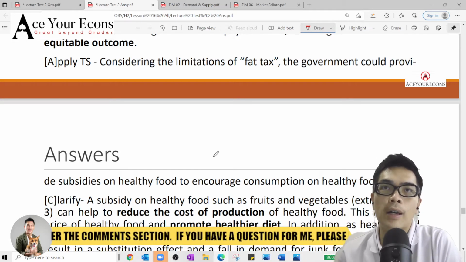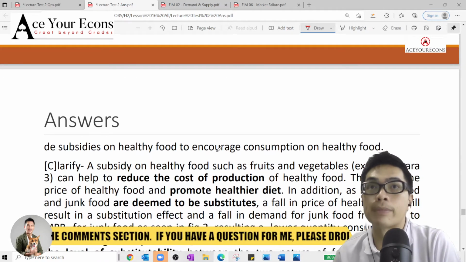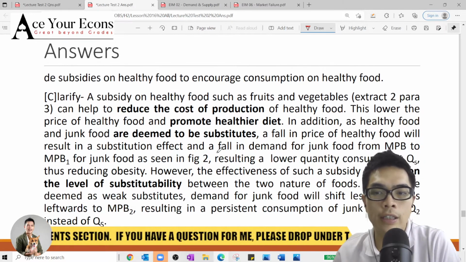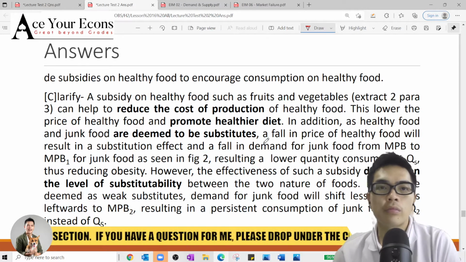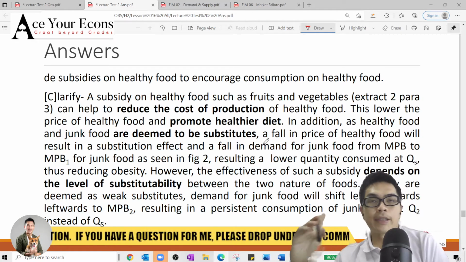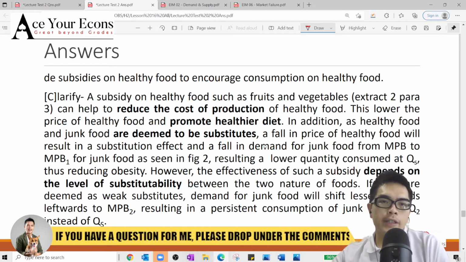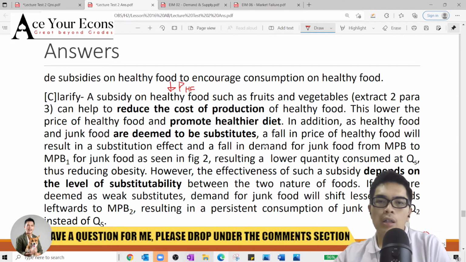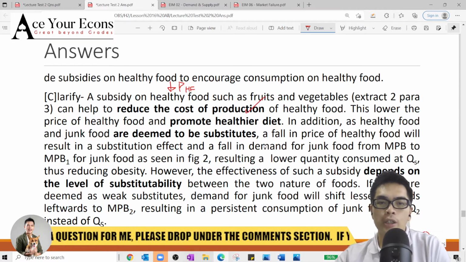So the better approach is to consider a subsidy for healthy food. How does a subsidy work? I want you all to learn this. This is very useful. A subsidy reduces the price of healthy food. How does it work? Number one, a subsidy lowers the cost of production, right?